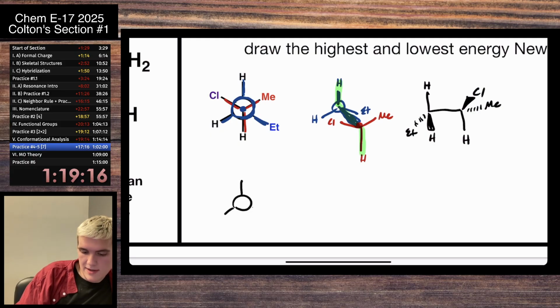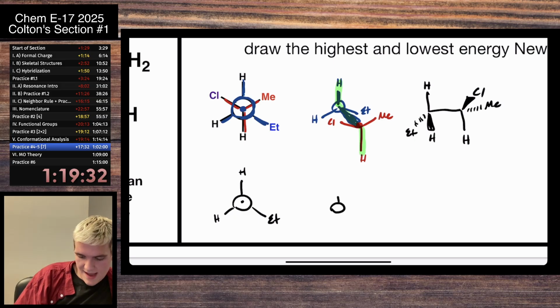And the way I'm going to do it is there are many different ways that you can draw the correct staggered and eclipsed conformations. I'm just going to keep the back carbon the exact same both times, and then I'm going to rotate the things on the front carbon. So I'm going to draw the exact same back carbon.